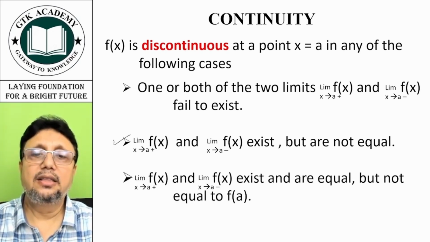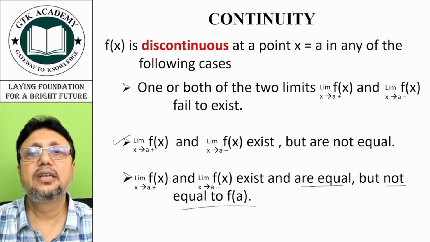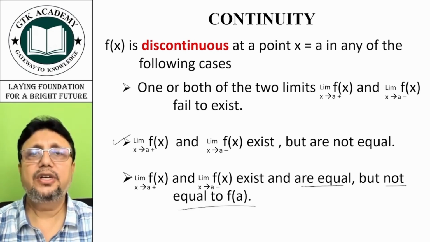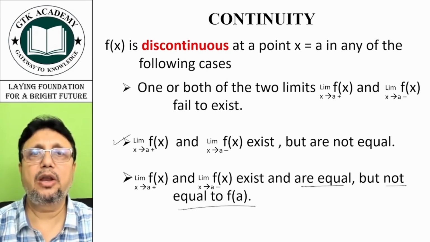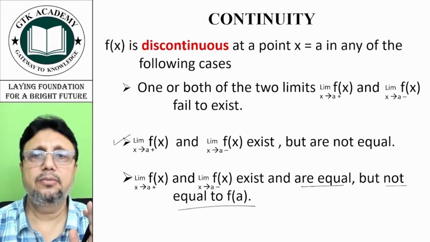Third, if they exist and are equal but not equal to f(a), then also the function is discontinuous. That means the function is continuous when its limit exists at that particular value of x and is equal to the value of the function at that point.